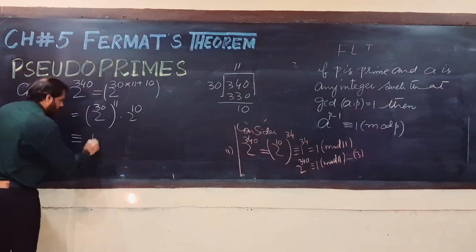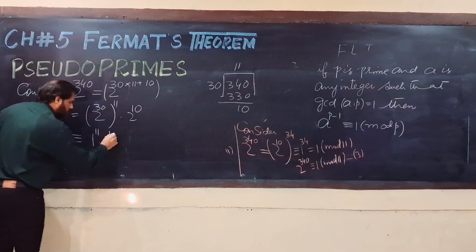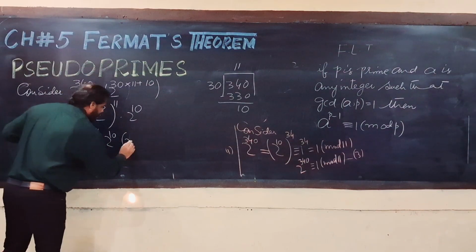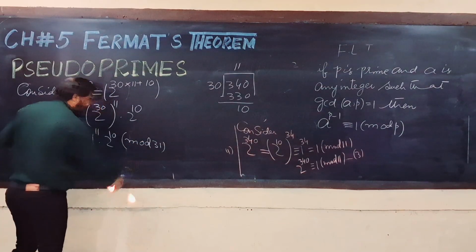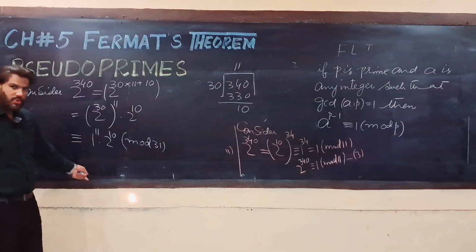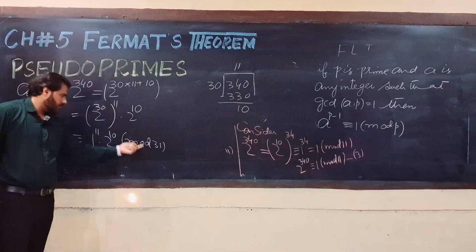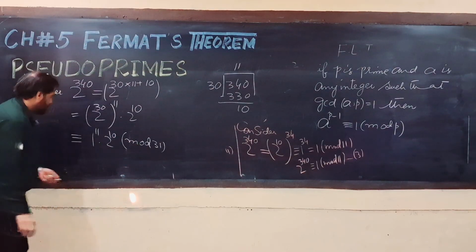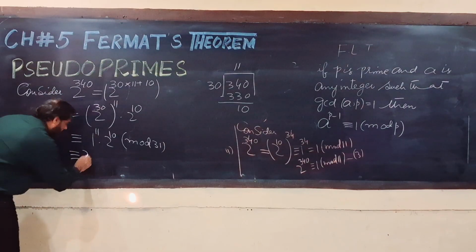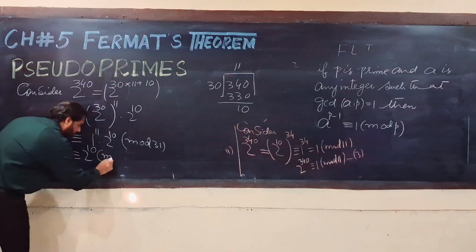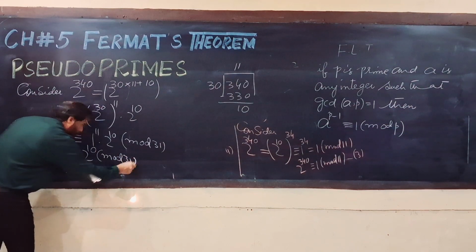So this becomes 1 raised to power 11 into 2 raised to power 10, with modulo 31. When we utilize congruence 1, we take the modulo 31 here. So this is congruent to 1 raised to power 11, which is 1, into 2 raised to power 10 modulo 31.